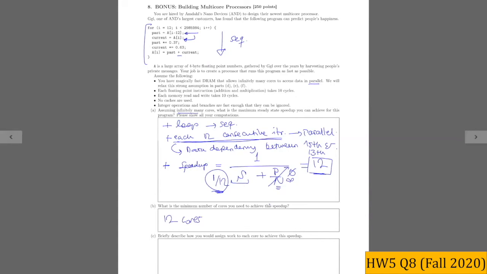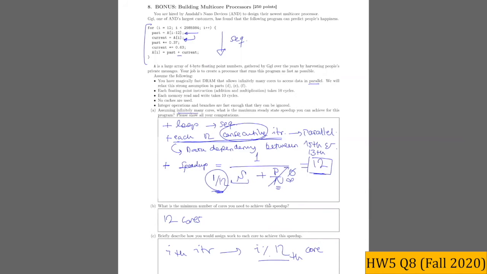Briefly describe how we would assign work to each core: the goal is to assign consecutive iterations to different cores. So each ith iteration needs to go to the i mod 12th core. That is the solution for these parts.